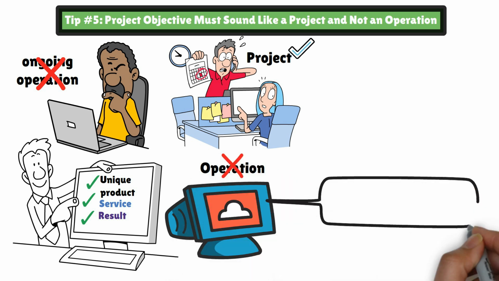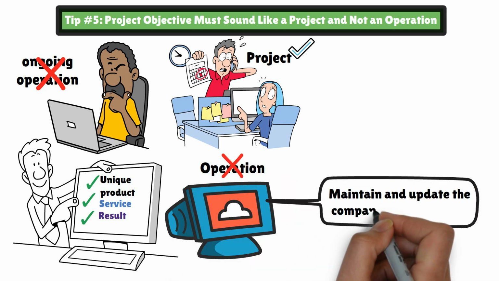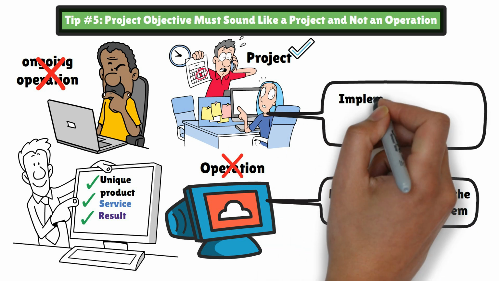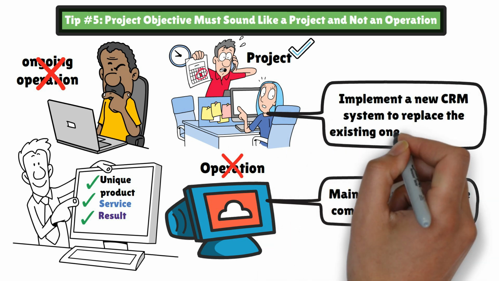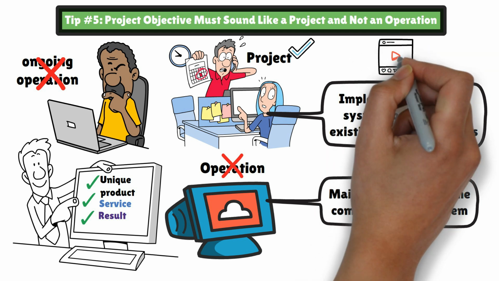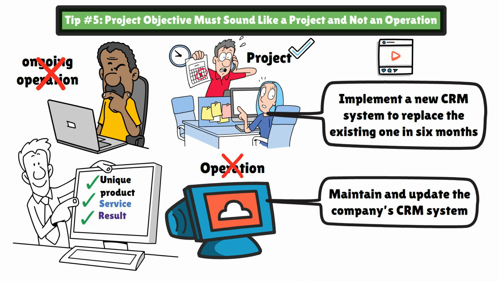For example, maintain and update the company's CRM system is an operation, whereas implement a new CRM system to replace the existing one in 6 months is clearly a project. If you need help and want to learn more about the similarities and differences between a project and an operation, please check out the project versus operation video. Once you know how to write the project objective properly, you are ready for the next tip.